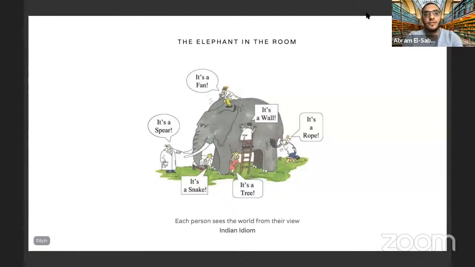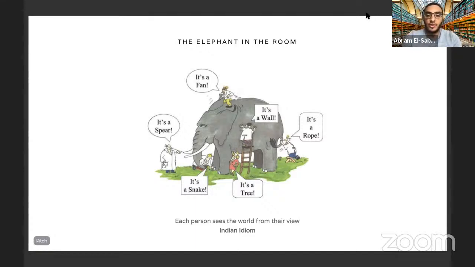Each of us, regardless of what the problem is, has our own experience of a specific problem and a specific system, and it looks very different. If we're talking about homelessness, the problem looks very different to a person experiencing homelessness versus a government official trying to help, or a service provider offering assistance.